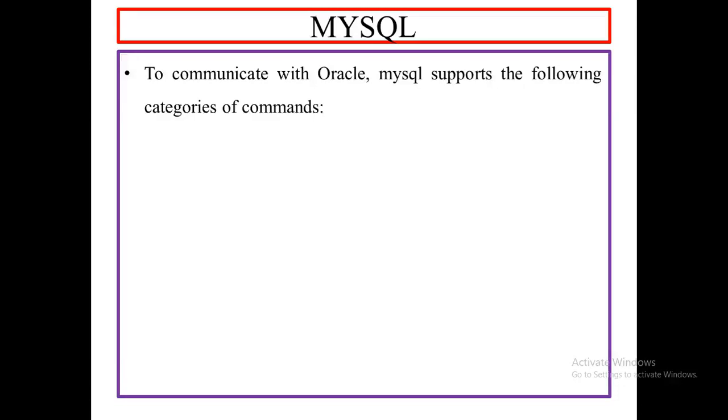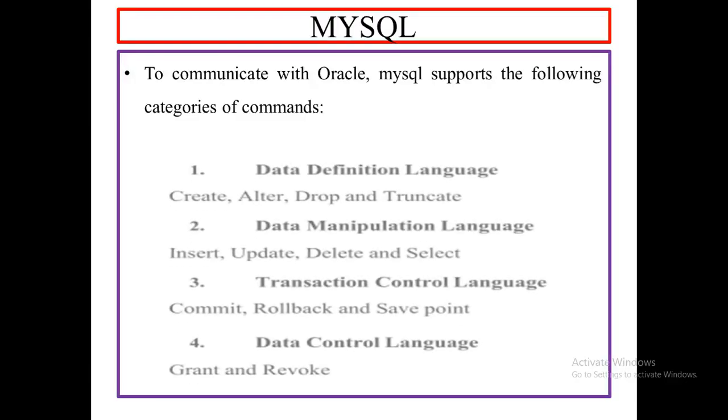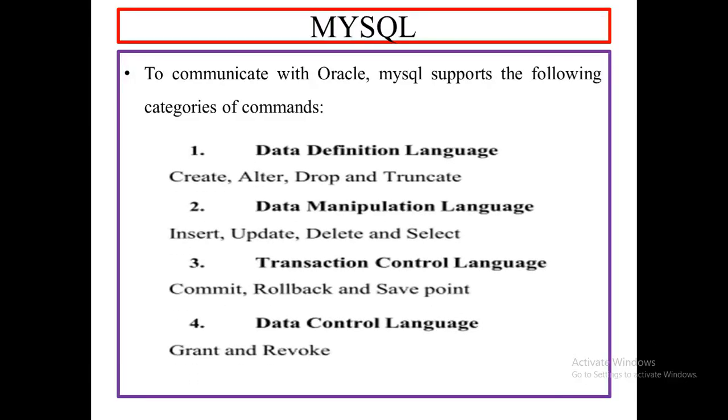MySQL supports the following different categories. Let me elaborate them one by one. The first one is data definition language, or DDL. The second one is data manipulation language, or DML. The other one is transaction control language, which we call TCL.